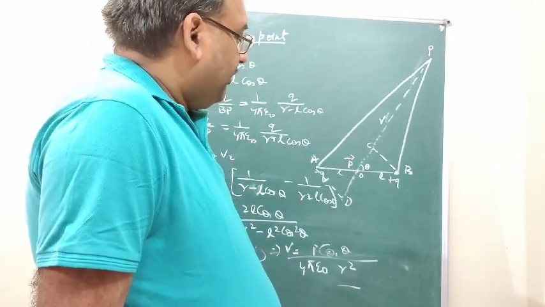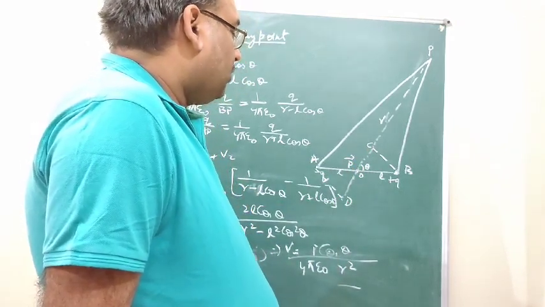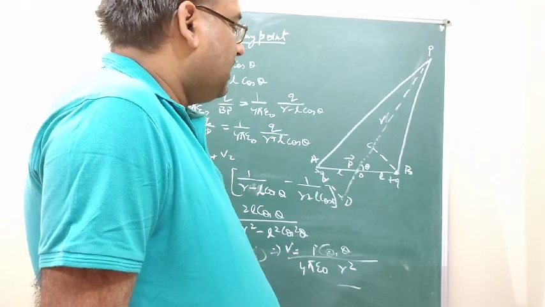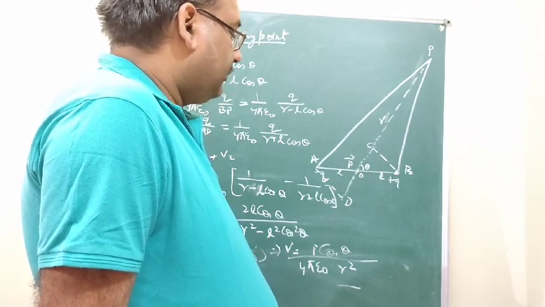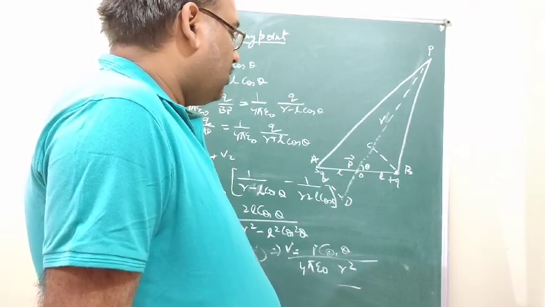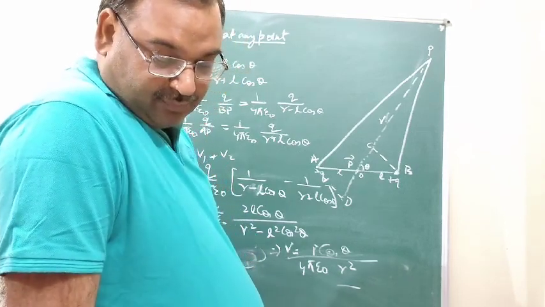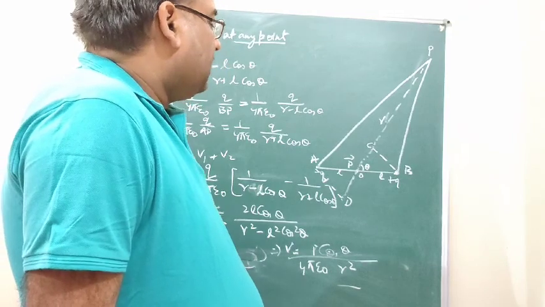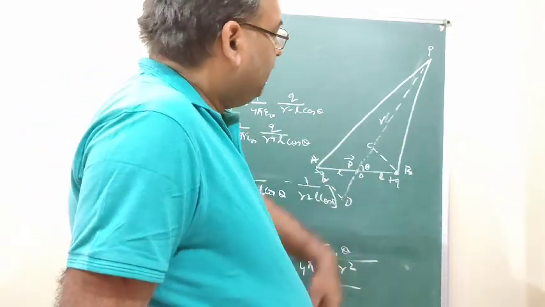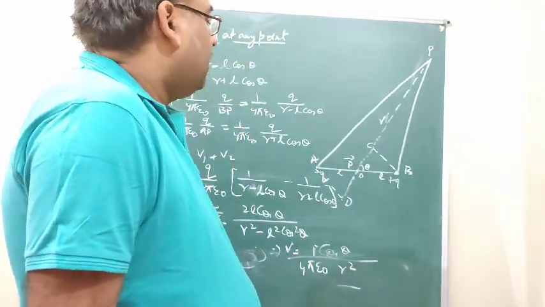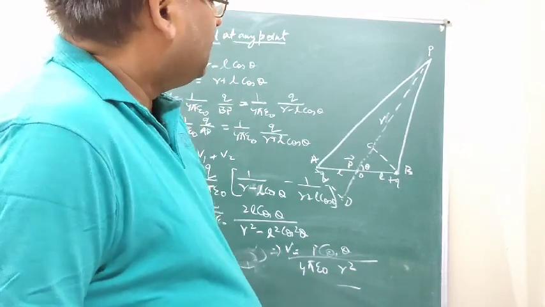So the value of OC is L cos theta and OD is also L cos theta. Is it clear? So the distance BP will be equal to CP, which is equal to r minus L cos theta.